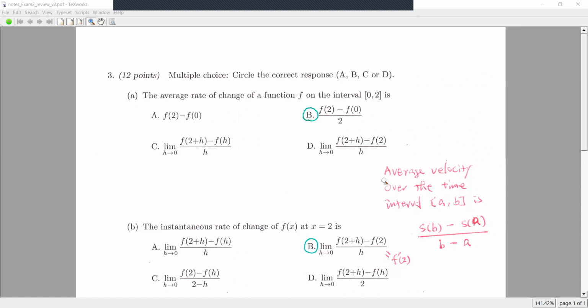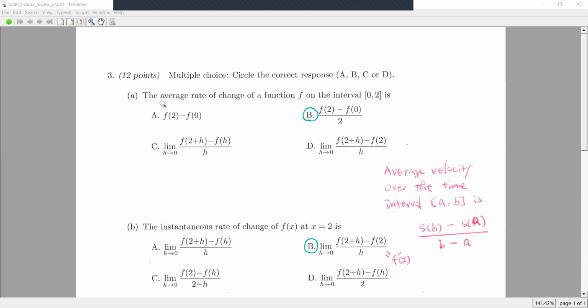Recall that the average velocity of a moving object over a time interval from a to b is the position of the object at b minus the position of the object at a, over b minus a. This quotient is also the average rate of change of the position of the moving object.